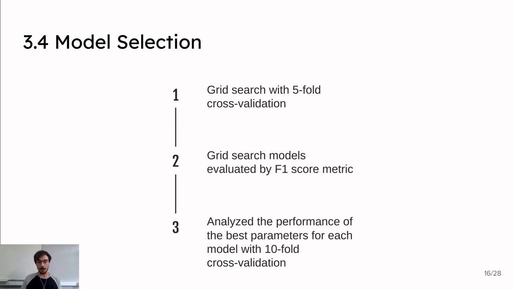So, here we have our pipeline for model selection. We made this so that we can select our best model to test in our split of 20% of the dataset. So first we conduct hyperparameter tuning with grid search with 5-fold cross-validation on the 80% training data.